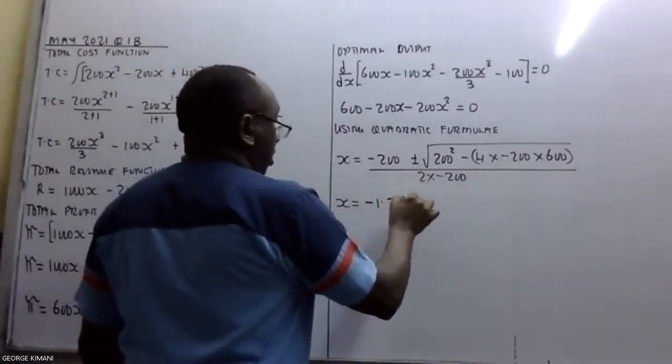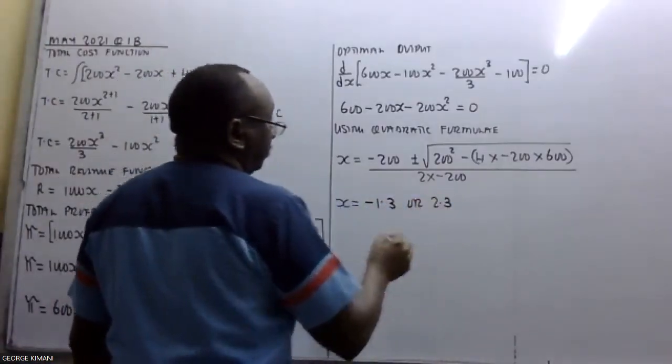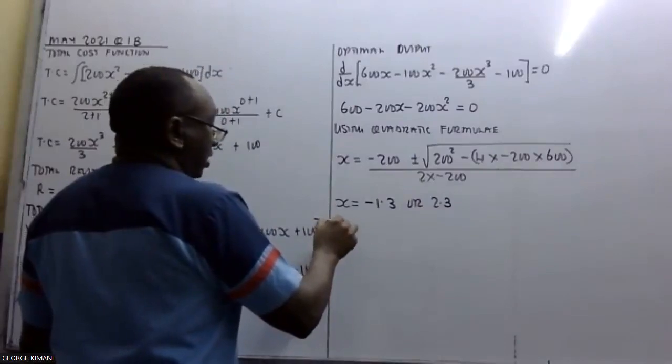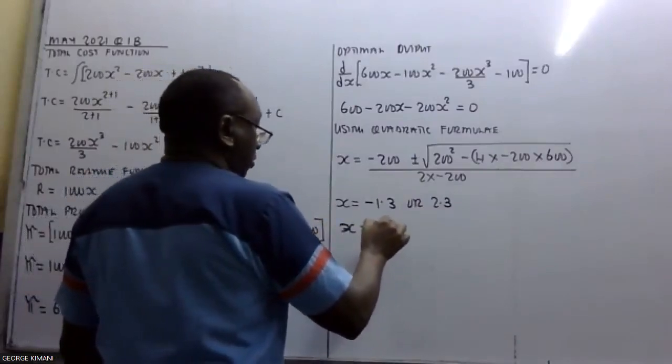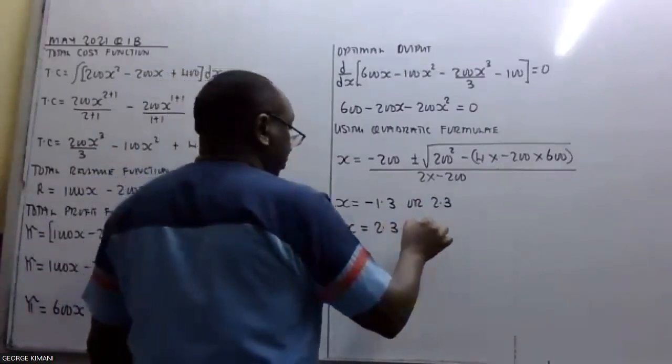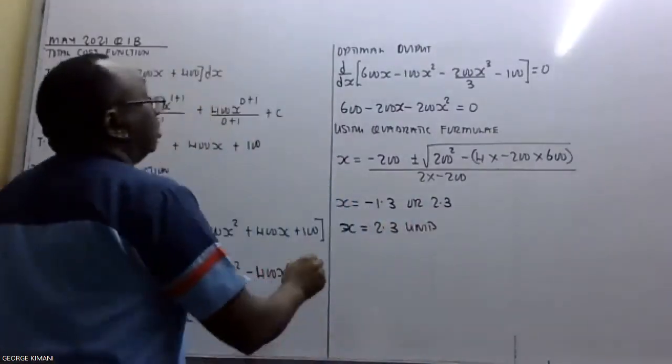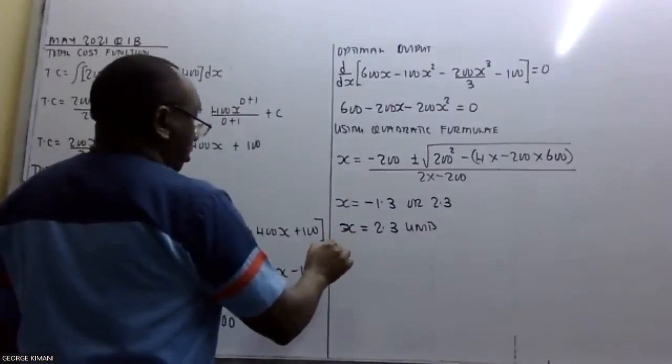Minus 1.3 or 2.3. Because we cannot have negative units, we settle for x to be equal to 2.3 units. So that is the optimal output.